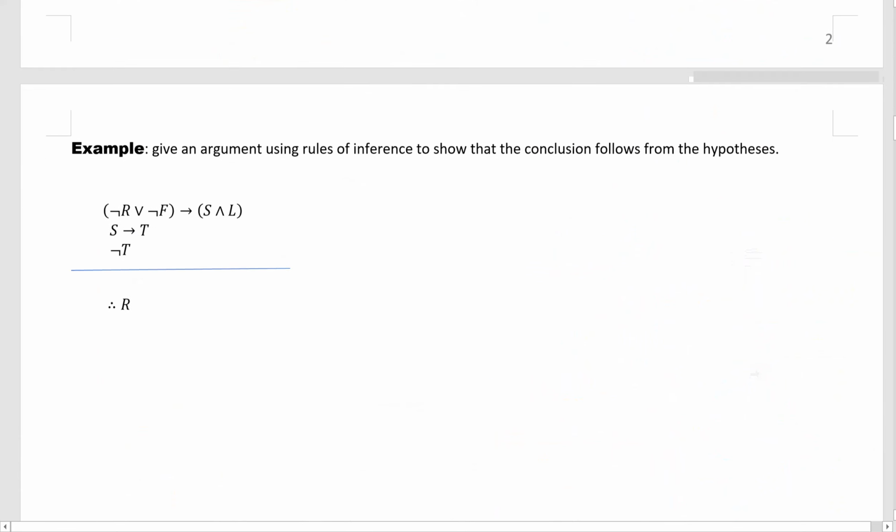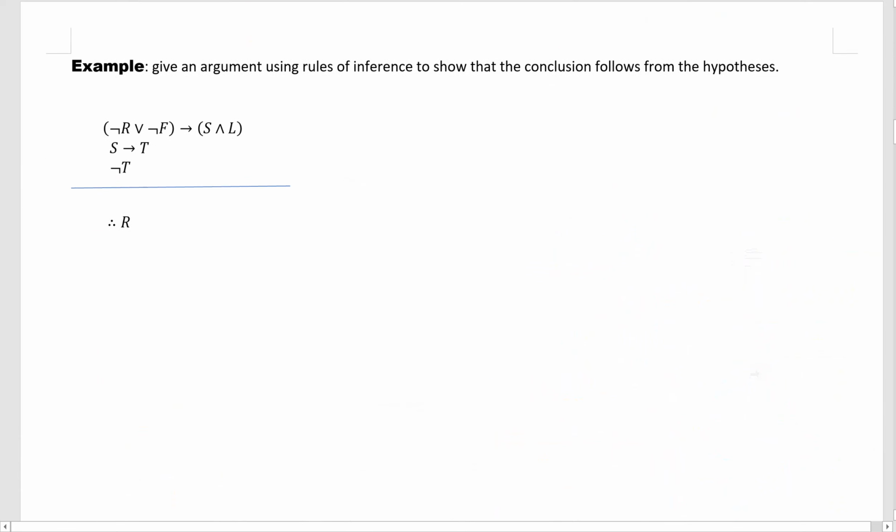Okay, good. Next example. Give an argument using rules of inference to show that the conclusion follows from the hypothesis. Now, this is a longer proof, so let's put the lines there.